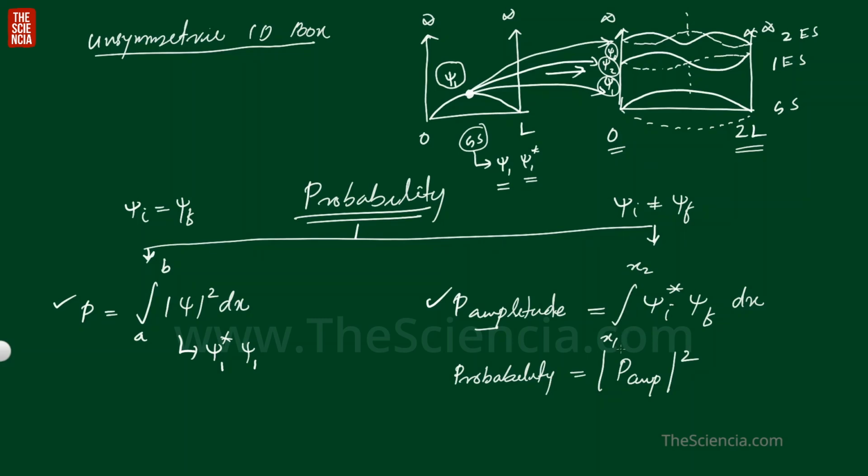That is the question: which value do we choose as x1 and which as x2? So what is the common interval here? 0 to L and 0 to 2L. So 0 to L is the common interval in both cases. So when integrating, take the common interval.